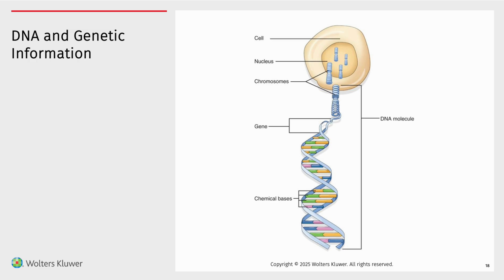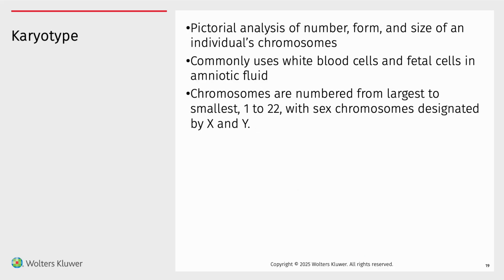The DNA is made up of chemical bases. So just take a look at the picture and familiarize yourself with it, okay? If you understand the organization, you'll be better able to grasp how genetic information is being stored and transmitted.